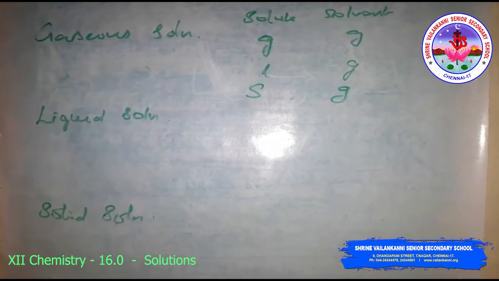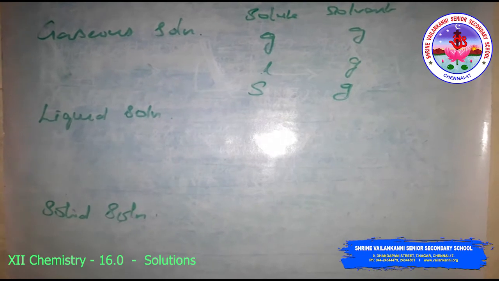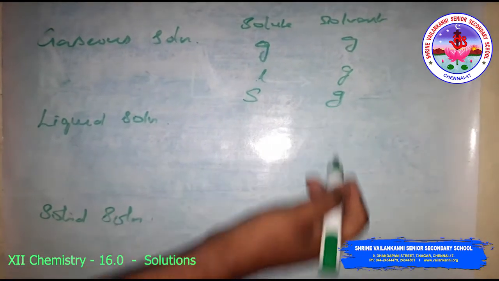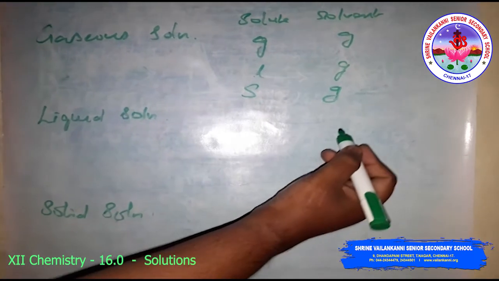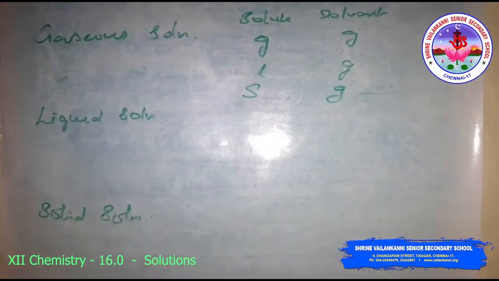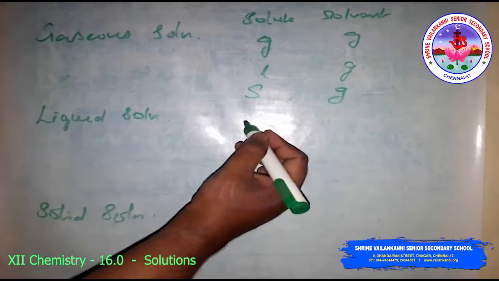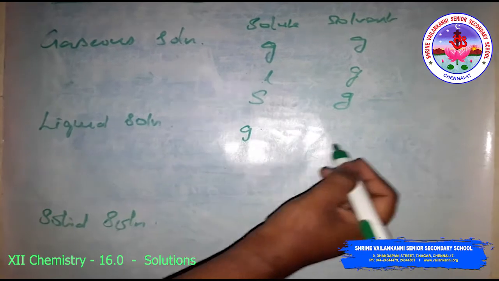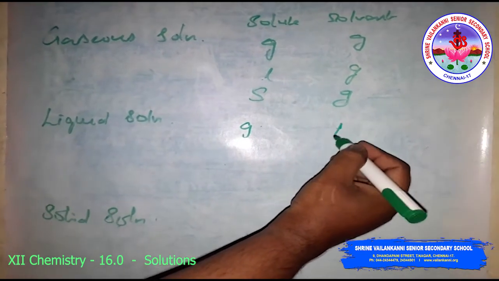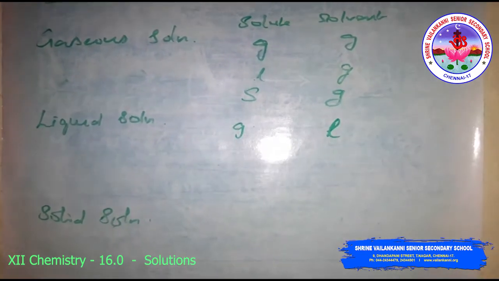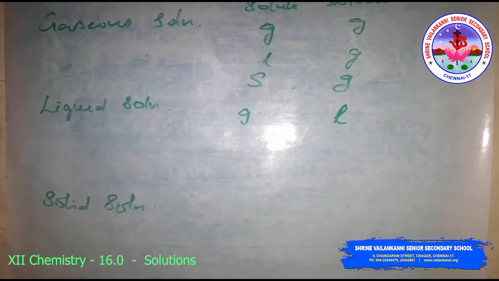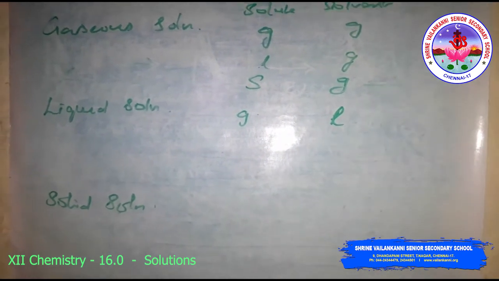Next is the liquid solution. Here the solvent phase is liquid only, and only the solute changes. The solute is gas and the solvent is liquid. The example is oxygen dissolved in water.